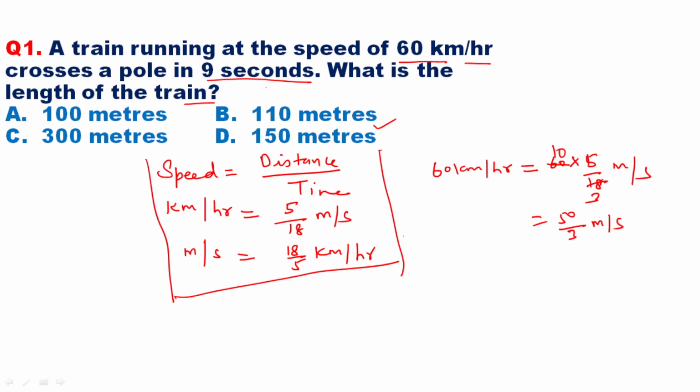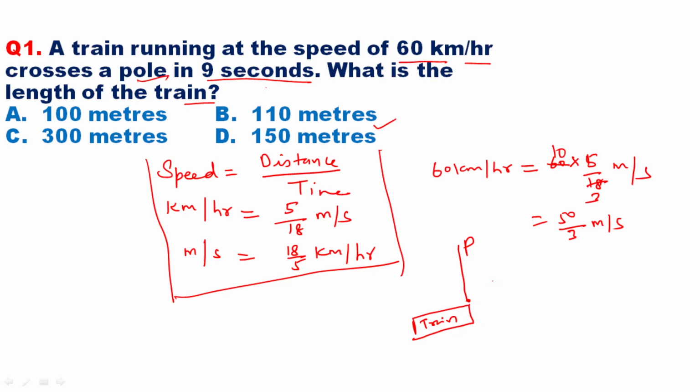Okay, time taken to cross a pole. Suppose this is a pole and this is the train crossing the pole. It takes a complete 9 seconds to cross that pole.